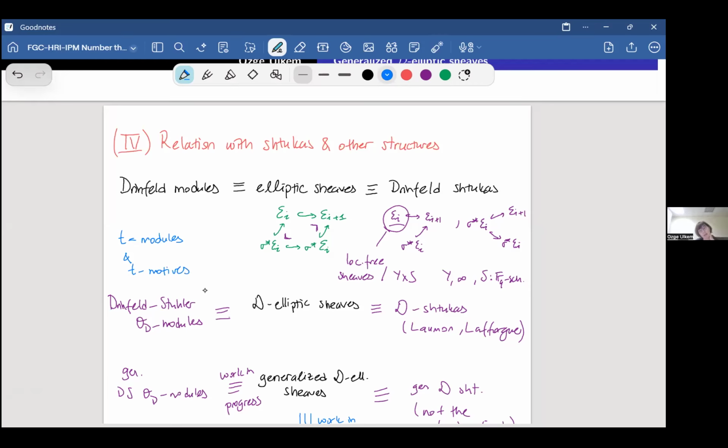They are like higher dimensional generalization of Drinfeld modules, in the sense that abelian varieties can be thought of as higher dimensional generalization of elliptic curves. So then, I believe Hartl has some work on it, that this should be what is called abelian sheaves.